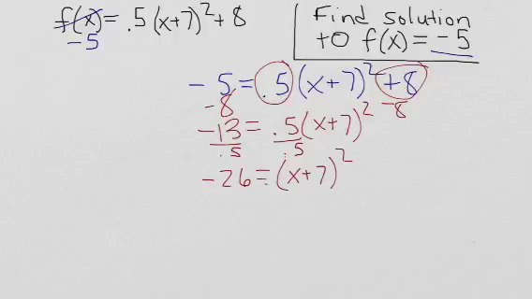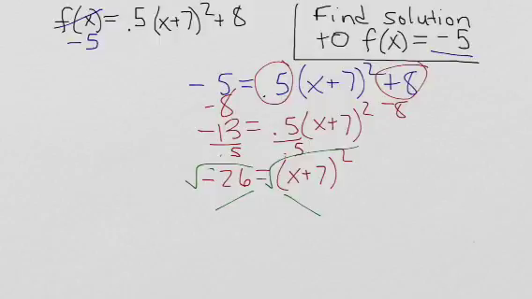We now want to square root. We're square rooting a negative, so this is going to give us imaginary numbers. 26 doesn't come out perfect, so we're again going to go to our estimate. So when we square root 26, we get 5.099. If we go just one decimal, we're going to call it 5.1.